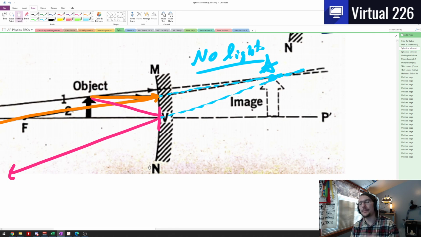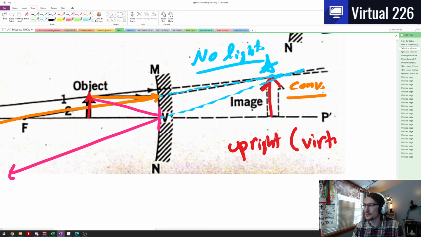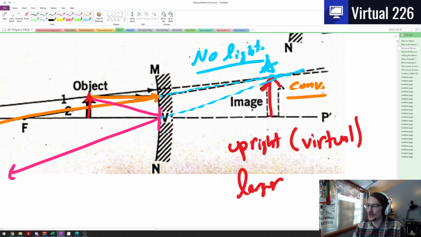But if we backtrack these rays and they do converge over here, then our image is going to be upright, and it's actually going to be larger than the original object was. Because this image is upright, it is virtual. It actually doesn't exist. It's just our mind playing tricks on itself. It's a virtual image, and it is larger.